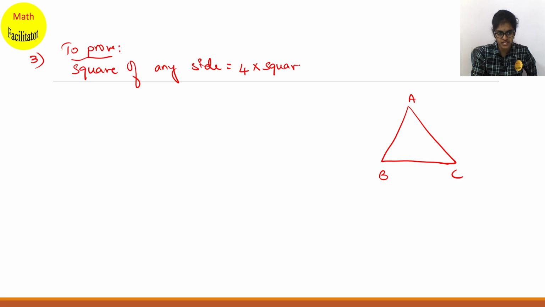That means I have to draw an altitude now for this equilateral triangle. Let me draw. Altitude is nothing but the height. So this I am taking as point D.